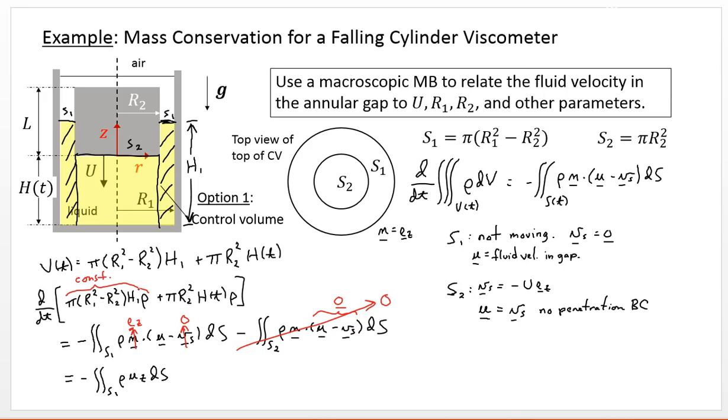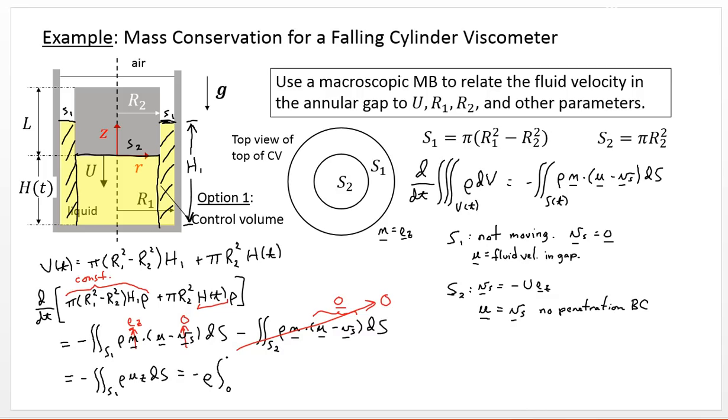So nothing changes. In the second term, h of t depends on time, and so there's going to be a non-zero contribution from that. So if we go back to this integral over surface area S1, we now want to write this out using cylindrical coordinates. So this is minus, let's bring the density outside since density is constant.